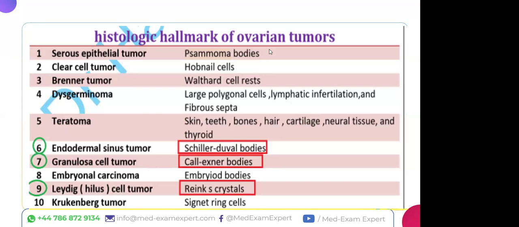Abdominal Burch colposuspension or laparoscopic Burch? Laparoscopic Burch is very easy, okay? And the patient's recovery is wonderful. Easy for the surgeon and easy for the patient. So it's the best. But for the exam, I will go with open Burch colposuspension.